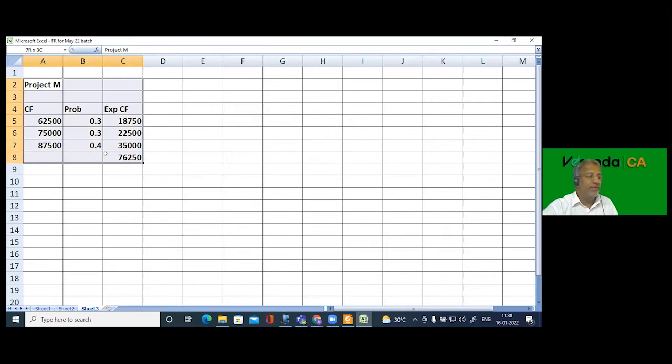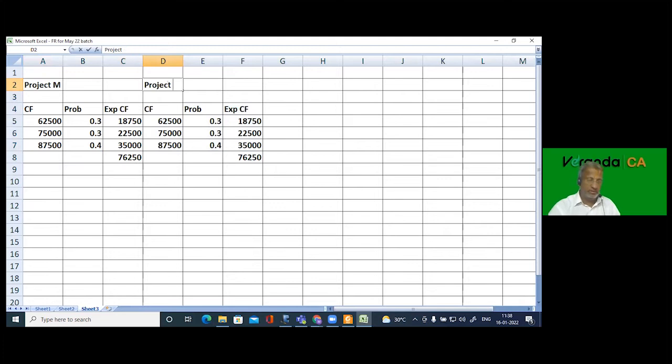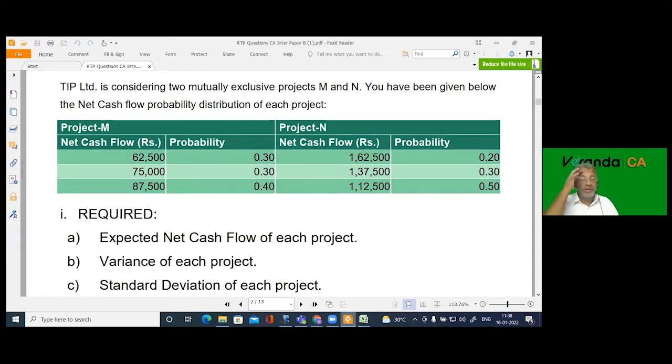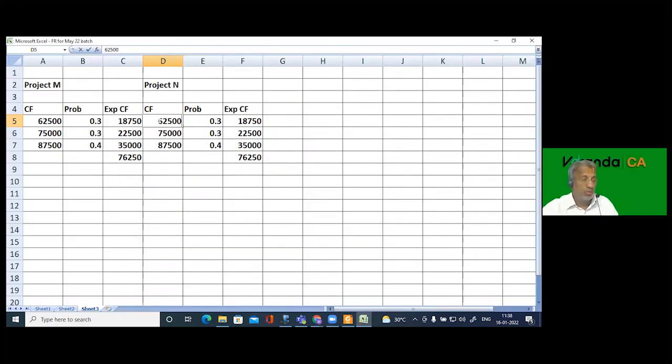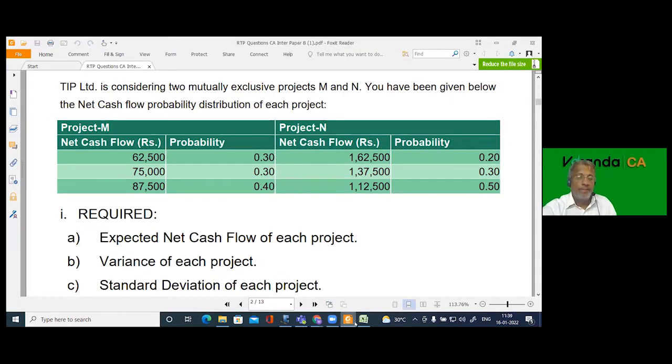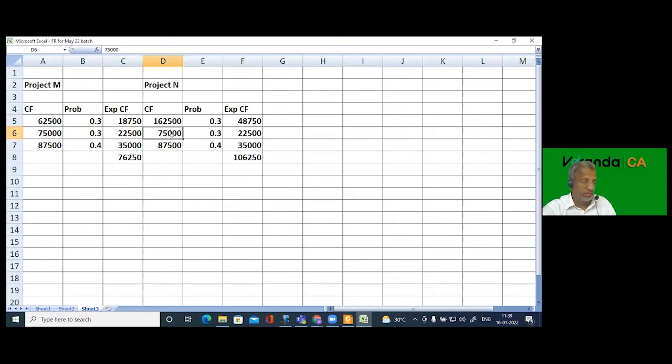Same thing I would like to do for project N, where the cash flows are 162,500, 137,500, 112,500. Let me confirm the numbers.